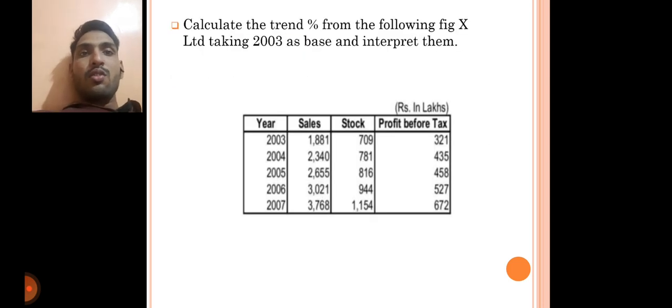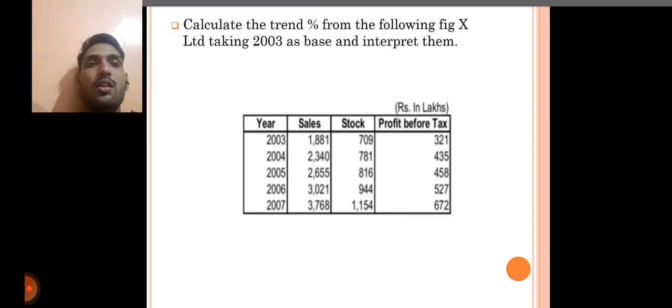Now, calculate the trend percentages of the following company, X Limited, taking 2003 as the base year, and interpret them. It is an example with the years, sales, stock, and profit before tax in rupees in lakhs. If we see this table, the years are 2003 to 2007. The sales, stocks, and profit are given there.